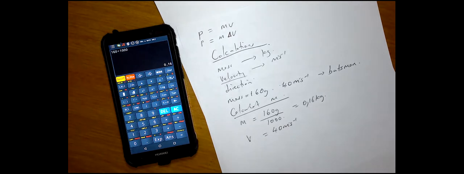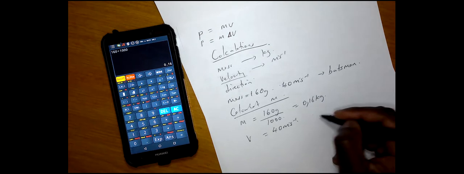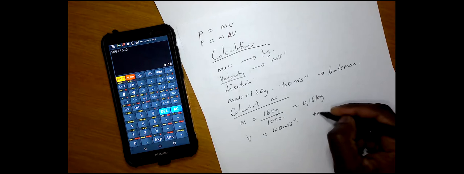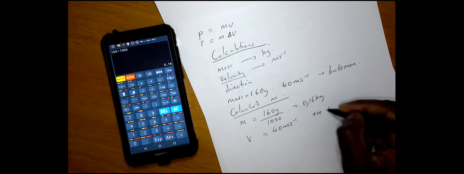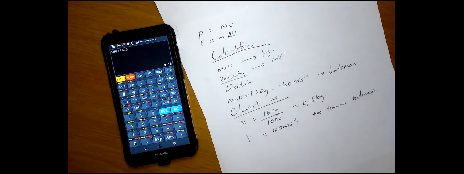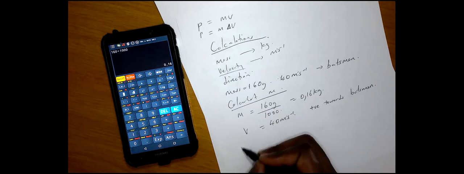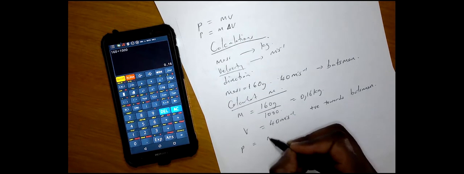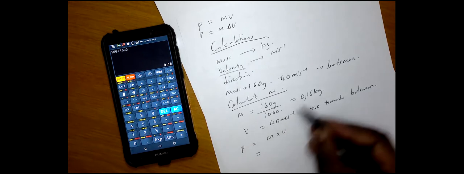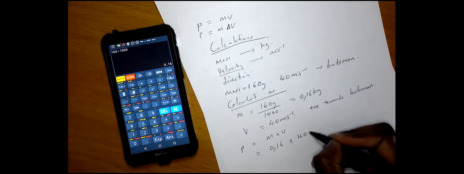Remember, let's choose positive towards the batsman. Understand? So you must choose a positive. Momentum is therefore equal to m times v, which is 0.16 times 40 meters per second.